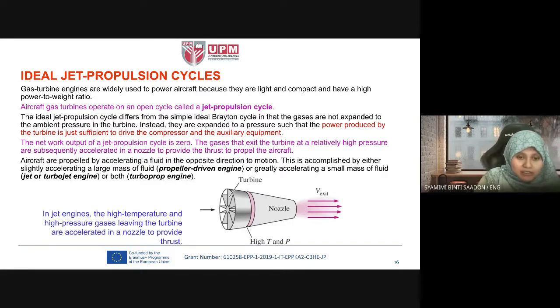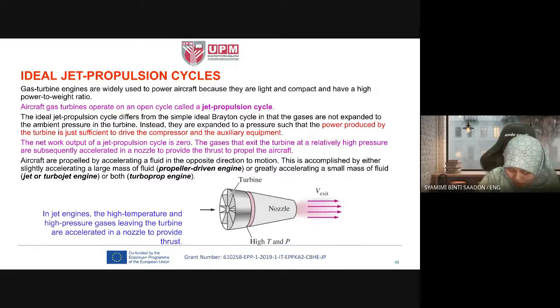So these are the types of aircraft engine: propeller-driven engine, turboprop, turbofan, turbojet. The high temperature and high pressure gas leaving the turbine is accelerated in the nozzle to provide thrust.